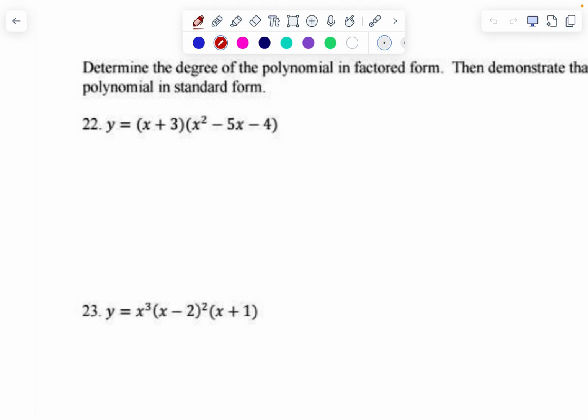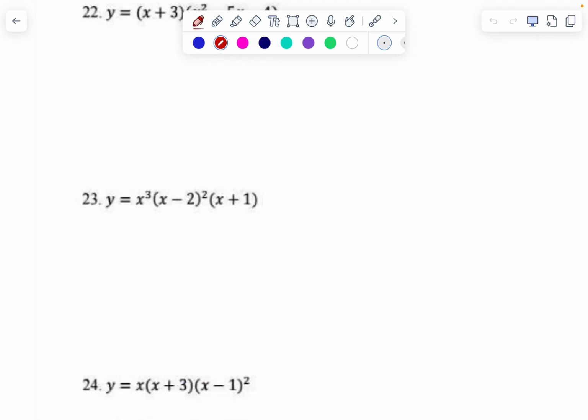Basically, all it means is distribute. So in this first one, it would be x cubed, and then x minus 2 times x minus 2 times x plus 1. Now, when it says verify, it wants us to actually multiply all this out so we see the 6th degree polynomial.